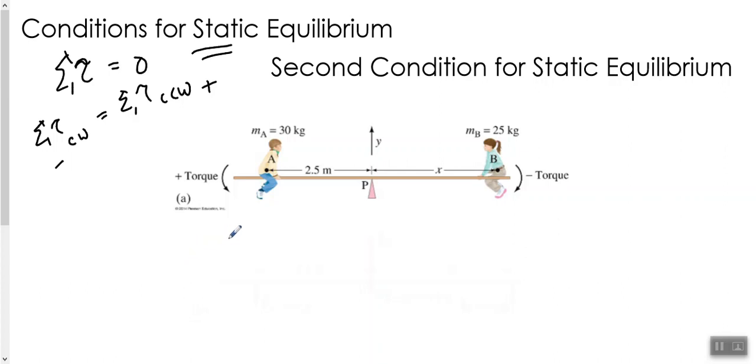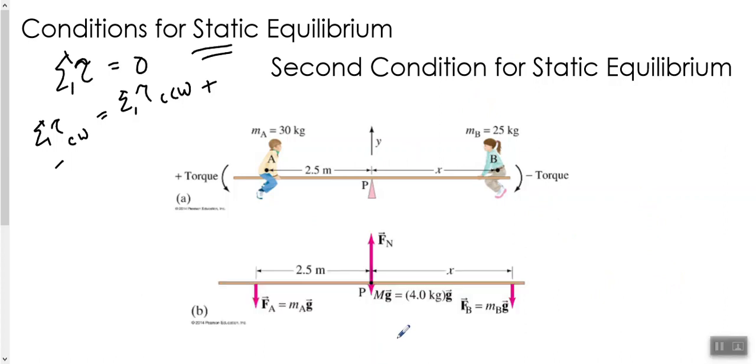So let's practice trying to find out what would keep this in a static equilibrium. So how would this abide with the second condition for static equilibrium, that the sum of the torque would be equal to 0. So first we're going to draw the force body diagram. So that is the force body diagram.